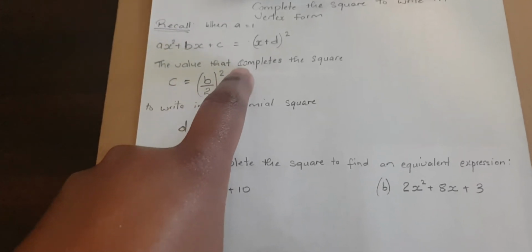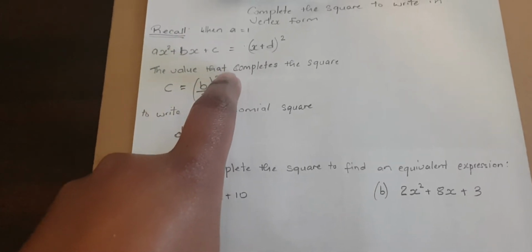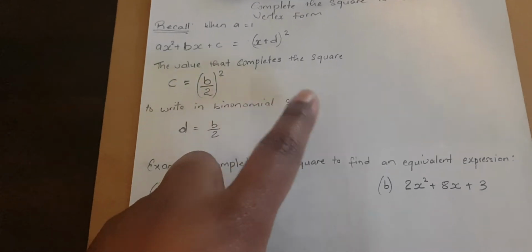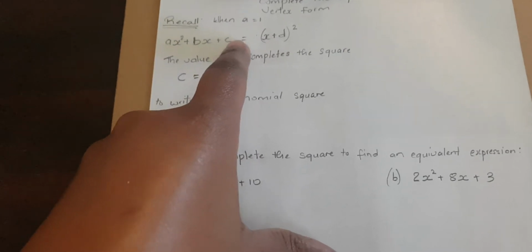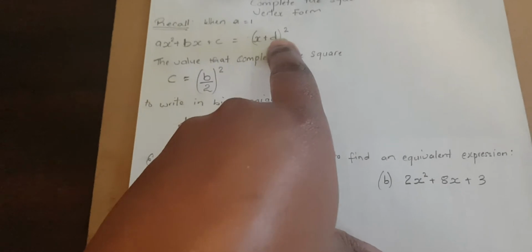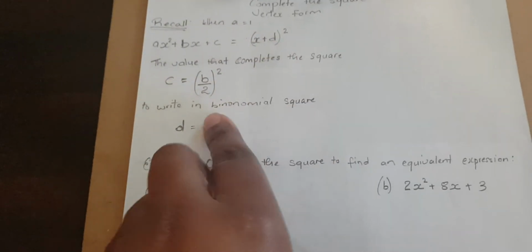So this is how we find how many units it takes to complete the square. Once it is a perfect square trinomial, that is when you write it in binomial square form, and this d is always half of whatever b is.